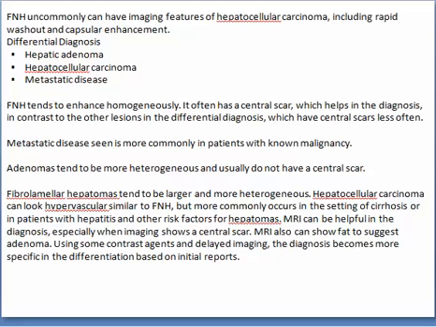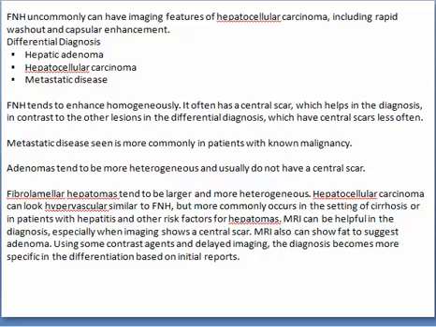Metastatic diseases usually are correlated with non-malignancy. Adenomas tend to enhance heterogeneously. Fibrolamellar carcinoma or hepatomas behave more vascular, more heterogeneous, and larger, and they present no scars.